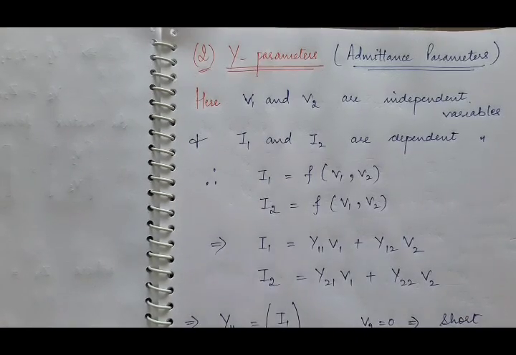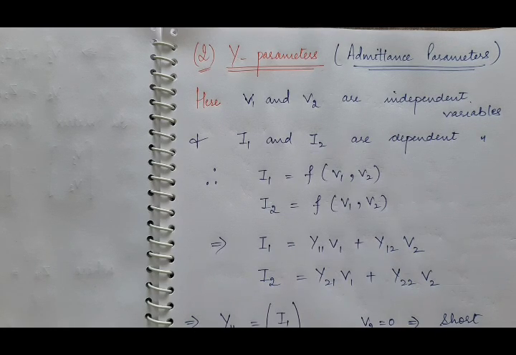Then comes second type of parameters, which are known as Y parameters, and we know that Y is actually admittance. As Z represents impedance, Y represents admittance, means it is the ratio of current by voltage. So here, how are these Y parameters different from Z parameters?